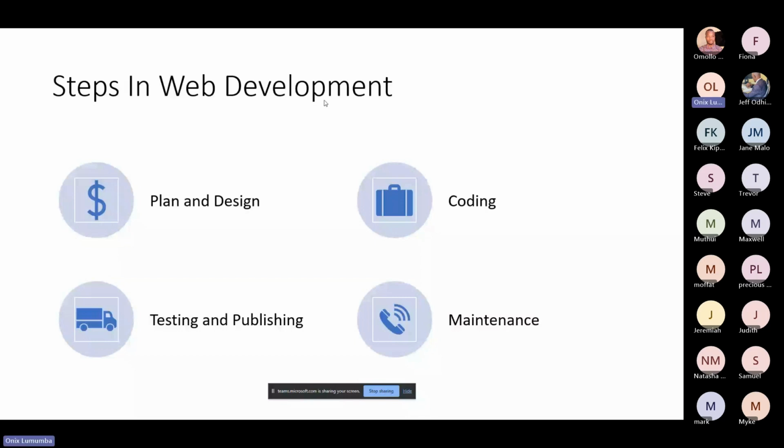So at the planning phase, you interact with the people who intend to use the system. After getting all the requirements about the system, you go to the next phase.